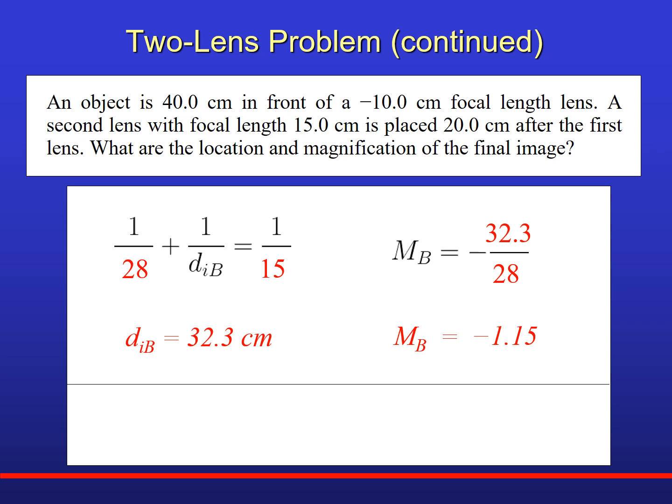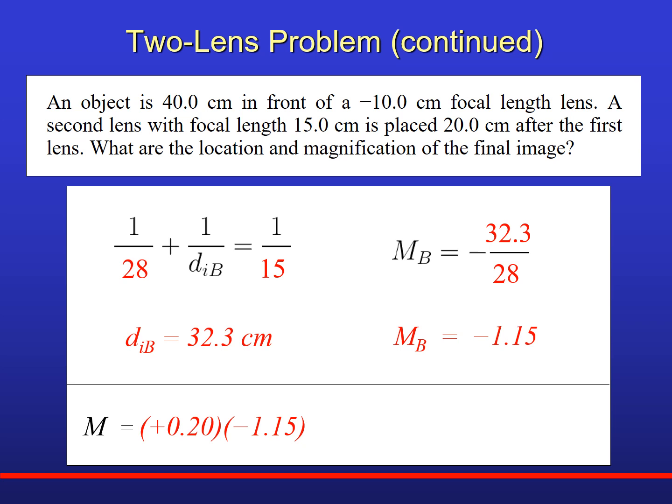I want to put some things together now. I want to determine what is the overall magnification. Now, hopefully you wrote down some results from the first lens. We need that now. The product, m sub A times m sub B, given by these two numbers.